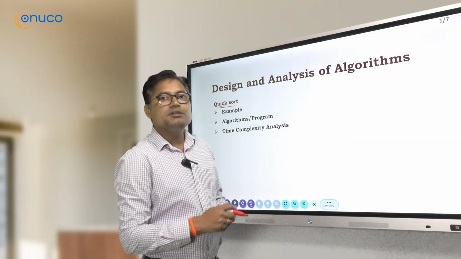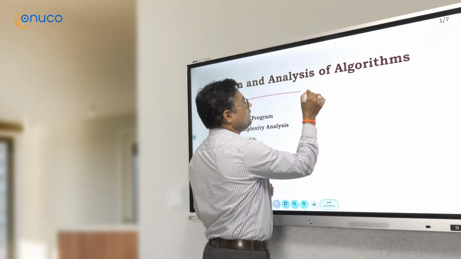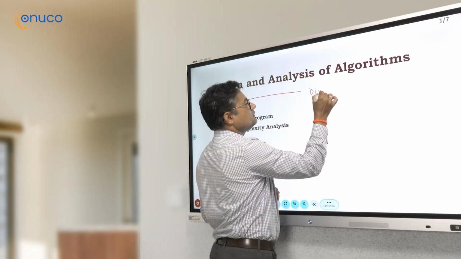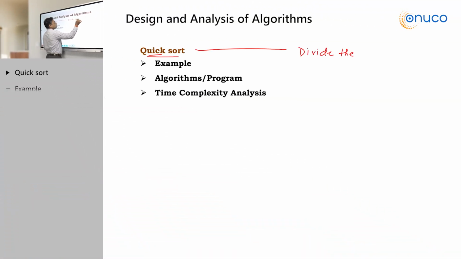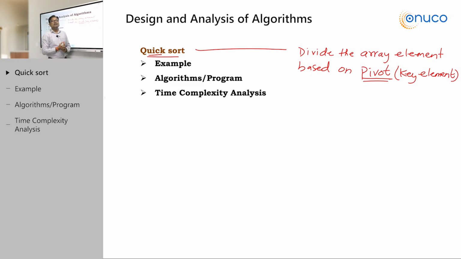In merge sort, we divided the array's elements based on the mid position, while in quicksort, we are going to divide the array elements based on the pivot. This is also called the key element. Pivot or pivot element or key element.